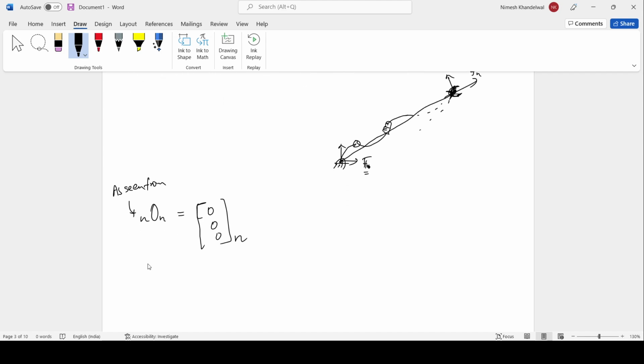And what we want is the origin of the nth frame in the zeroth frame, and we know how we do that: we use the transformation from the nth frame to the zeroth frame, and that transformation allows us to get something like this, right?